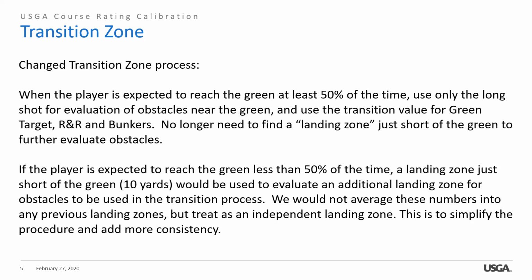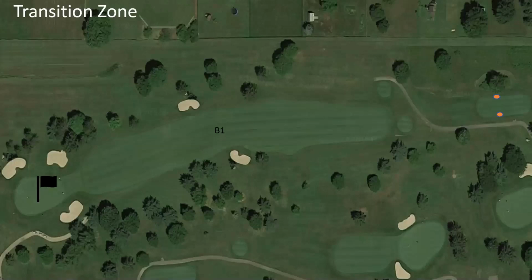All right, and here's just a pictorial example of a transition zone. It's not a great example, but it's the one that the USGA provided. We have the bogey golfer here, and B1 in the middle is where his or her landing zone is.